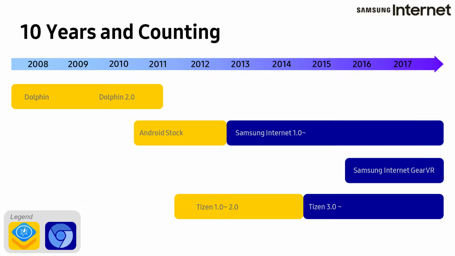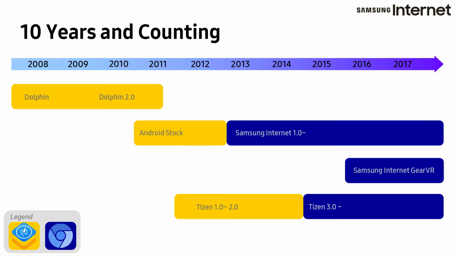That browser was actually based on the Android stock browser that was included in Android. And when the Tizen project started around 2011, back then we also were using WebKit for our Tizen browser. And you can see that early browsers are all based on WebKit, and we gradually moved to Chromium.